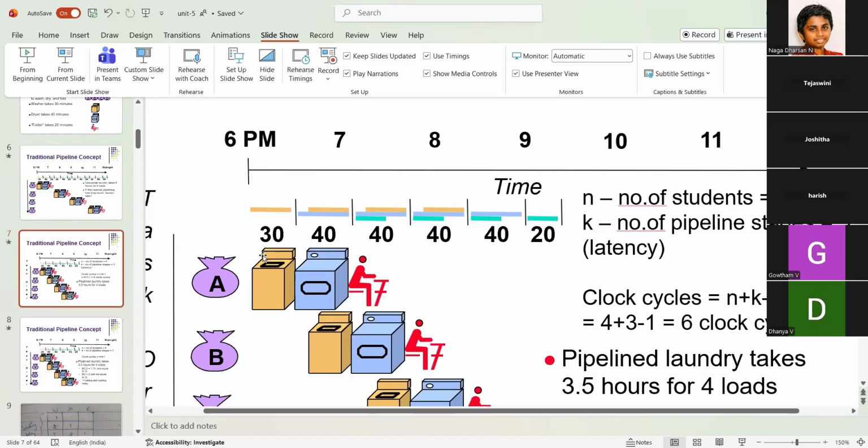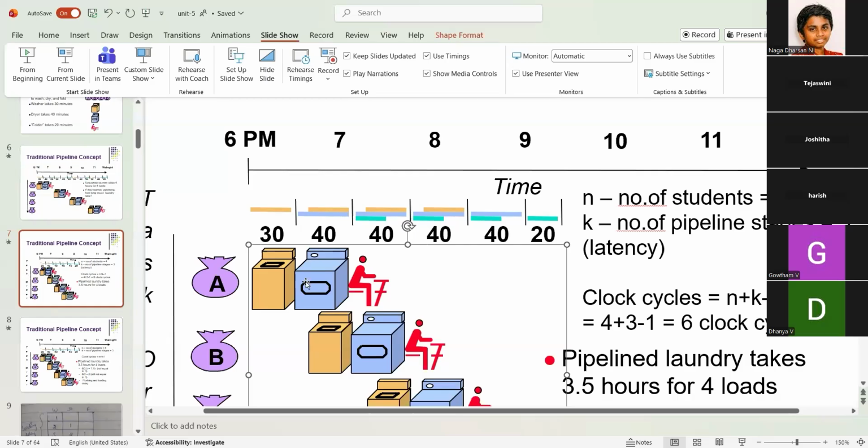I'm confusing you a lot, so let me tell it again. Let's say the first person is first putting into their washing unit, and then transferring into the drying unit after they are done with it. So the second person can actually put it into their washing unit, right?